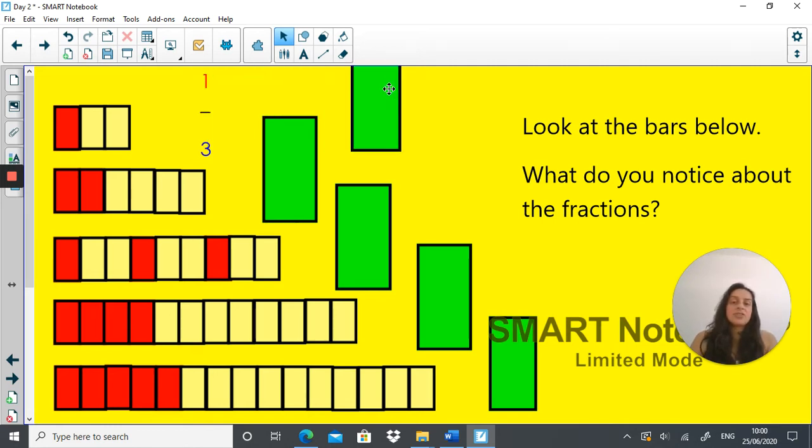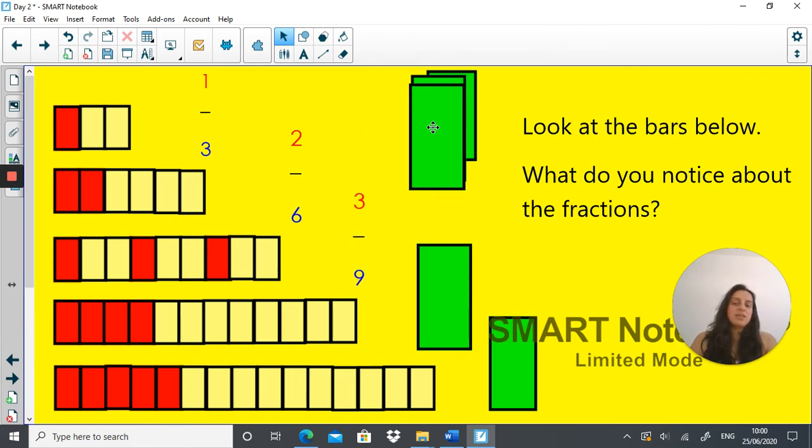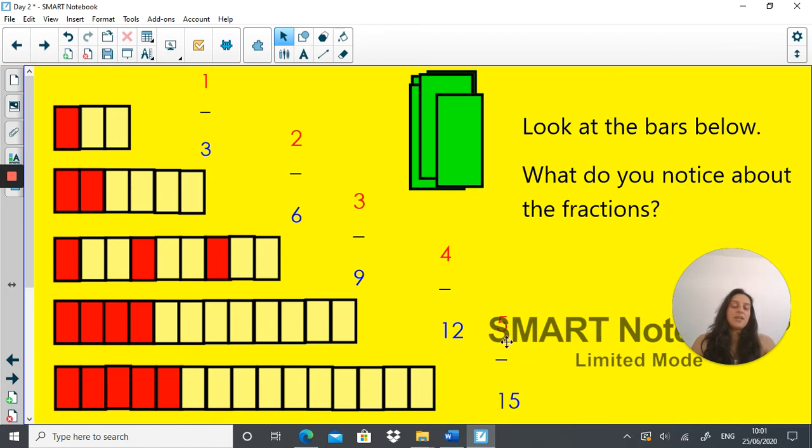Right, so this fraction shows 1/3 because there are 3 parts, 1 part is shaded. This fraction shows 2/6, 6 parts, 2 shaded in. This fraction shows 3/9. This fraction shows 4/12, and this fraction here shows 5/15.